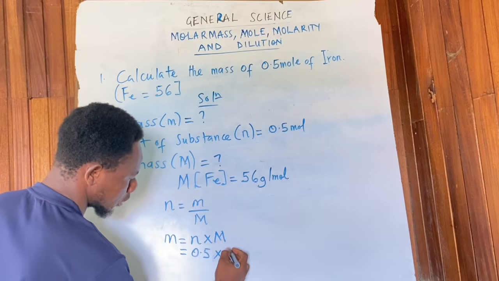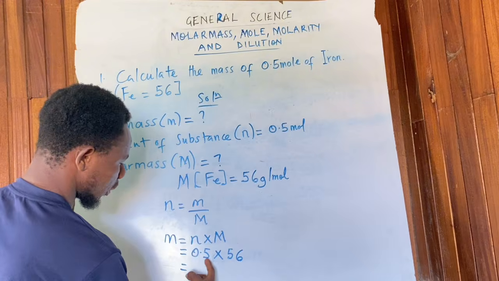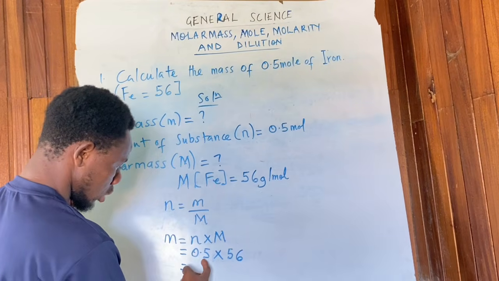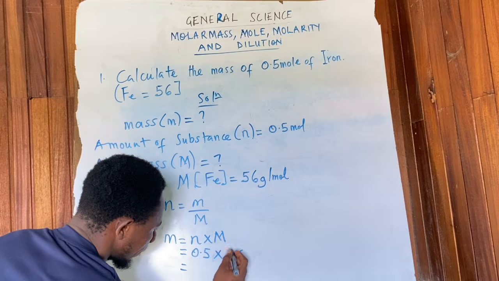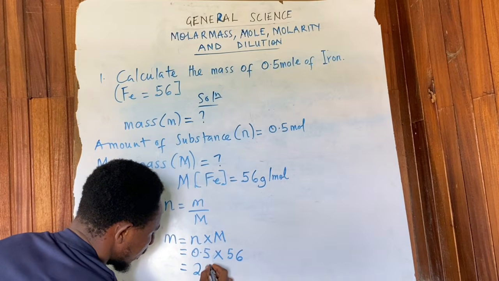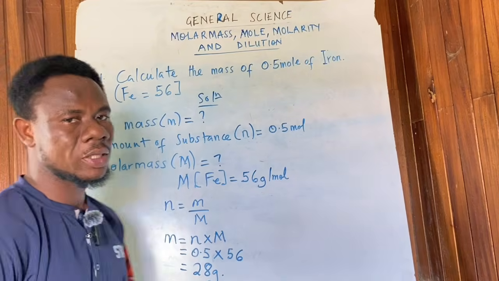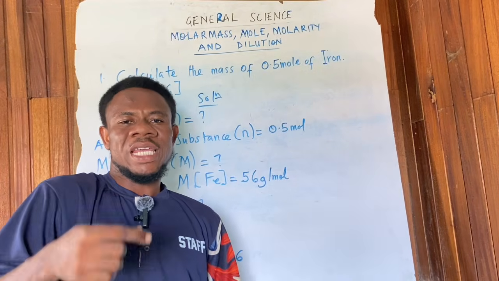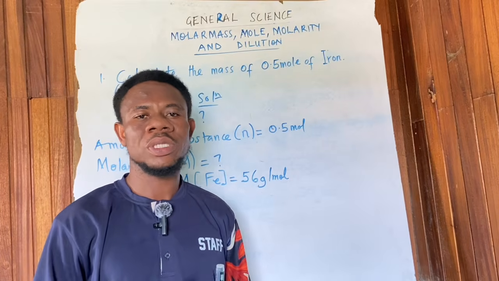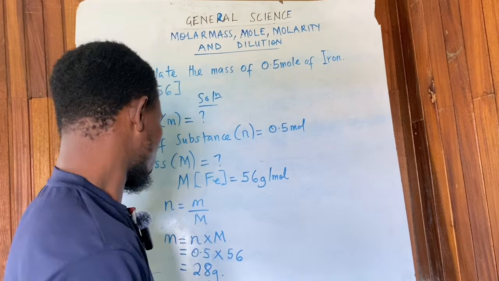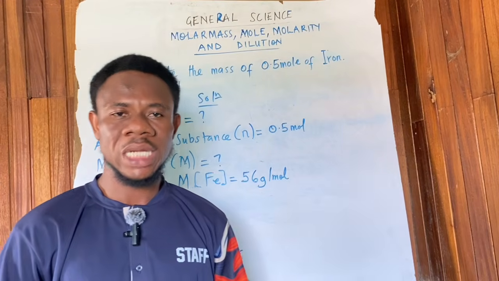Big M, 56. 0.5 times 56, so we are going to get 28 grams. Don't forget, we said our mass is supposed to be in grams. Always our mass is supposed to be in grams. So our final answer is 28 grams.